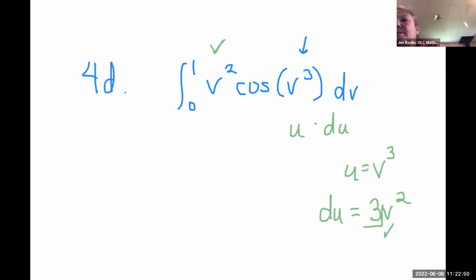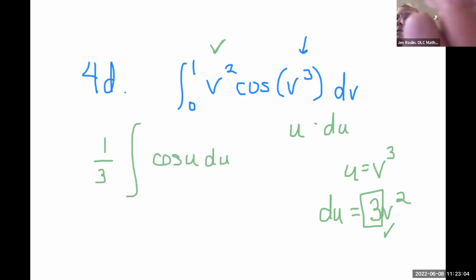I still have this 3 that I have to take the reciprocal of and put over here to keep it balanced. And then all we have to write is cosine u times du. So cosine u du got taken care of, so we don't have to write anything about that there.